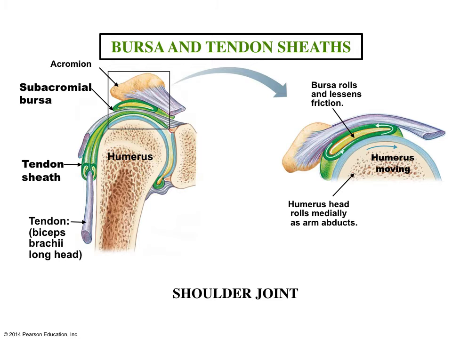Tendon sheaths are essentially elongated rolls or sheaths also with synovial fluid. In this diagram, you can see the tendon sheath that surrounds one of the tendons of the biceps brachii muscle.